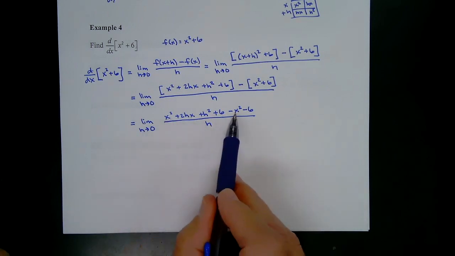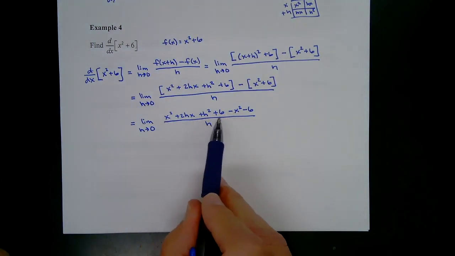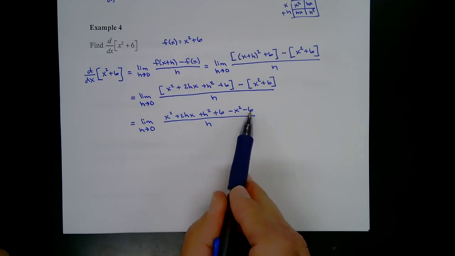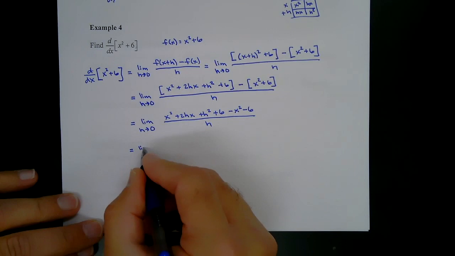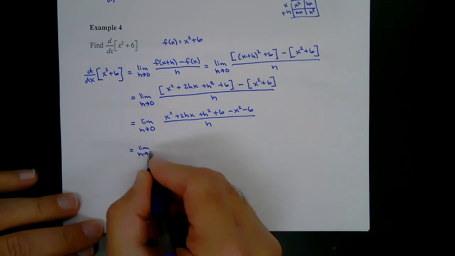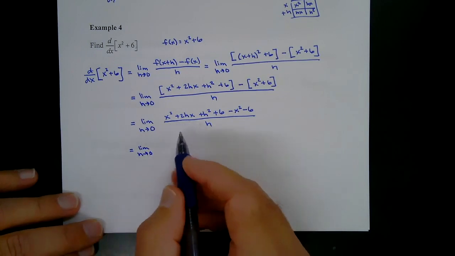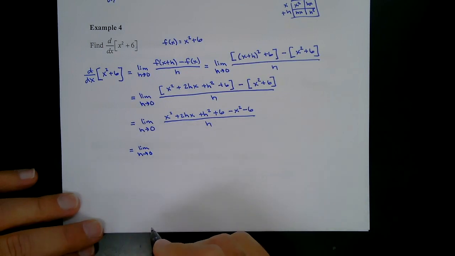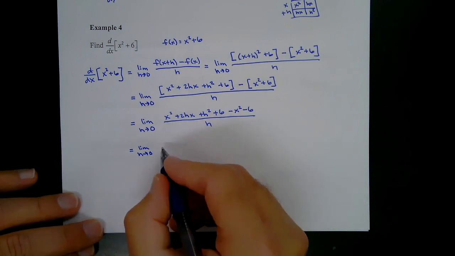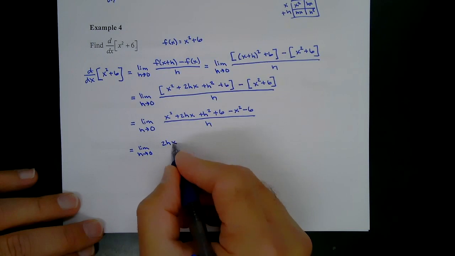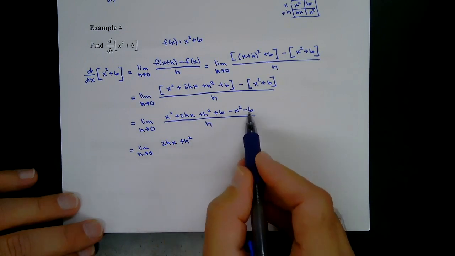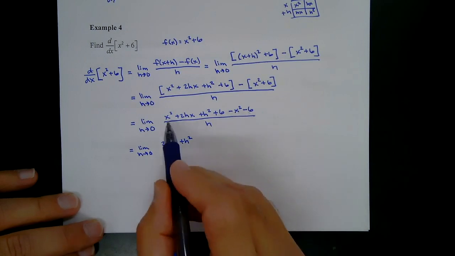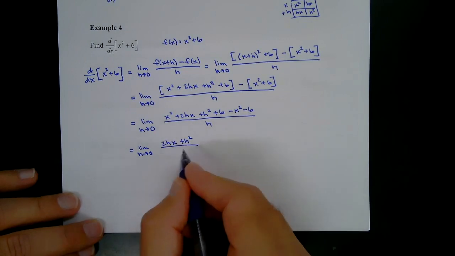This x squared cancels with this x squared. And this plus 6 cancels with this minus 6, right? And so we're left with the limit as h approaches 0 of 2hx plus h squared, that 6 is gone with that one, and this minus x squared cancels with that x squared, again over h.